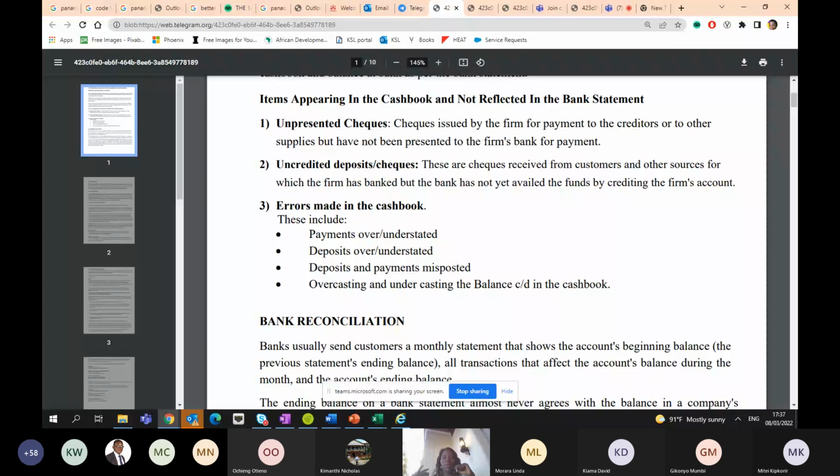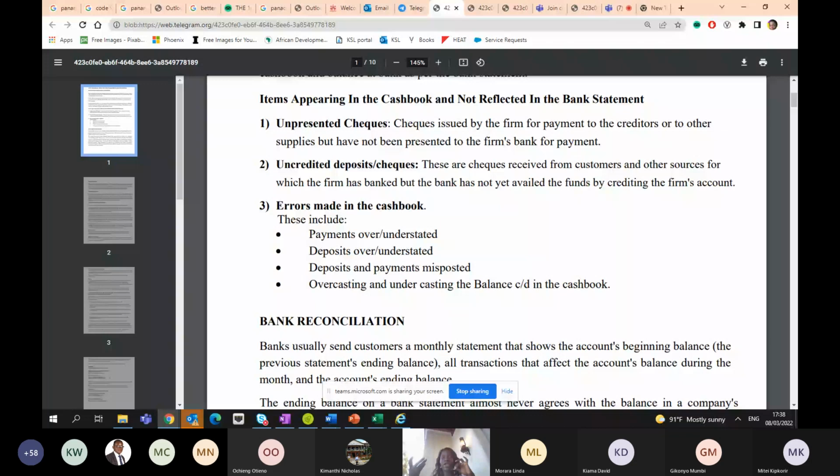It means that the money is somewhere and hasn't reached the bank, or it hasn't been cleared. If you remember from commercial law class, sometimes it takes a number of days before the whole process of moving from one bank to the other is completed. For that reason, the numbers could be different.